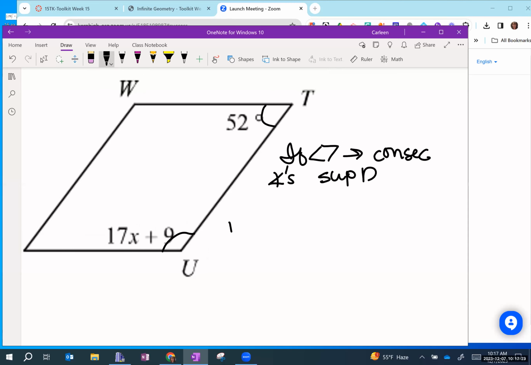supplementary. So 17x plus 9 plus 52 is equal to 180. Combine like terms, 17x plus 61 is equal to 180.